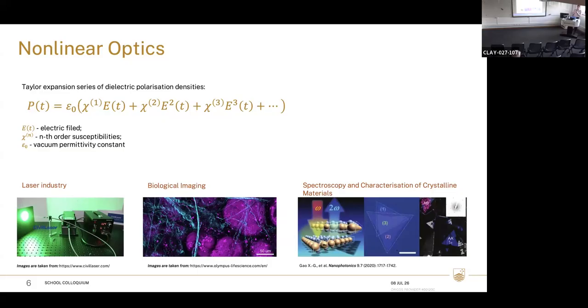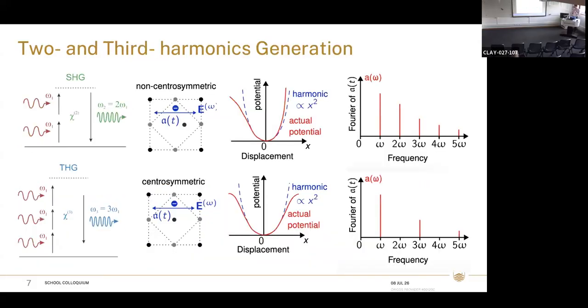For example, it can be used in the laser industry to generate certain frequencies, as well as for biological imaging and material characterization. The canonical examples of harmonic generation are the second harmonic generation and the third harmonic generation.